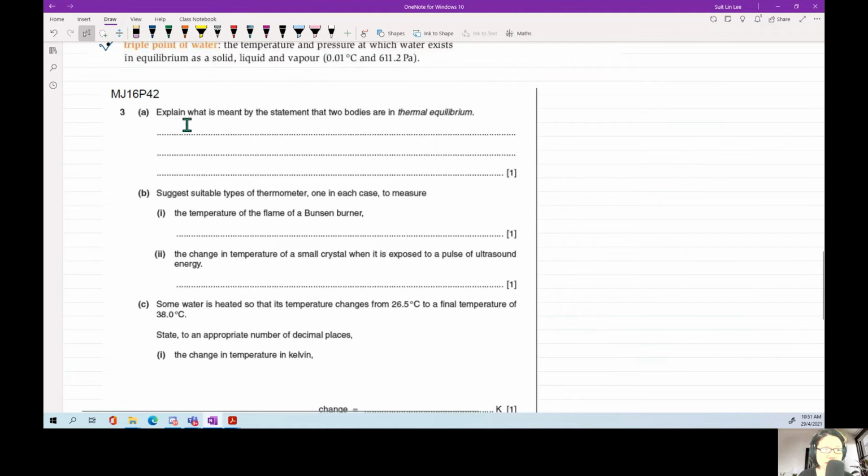Explain what is meant by the statement of two bodies in thermal equilibrium. This is a very basic understanding: when you see thermal equilibrium, it means that the temperature is the same.